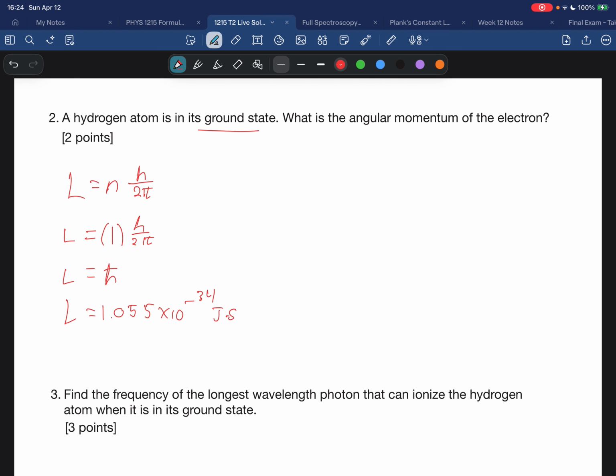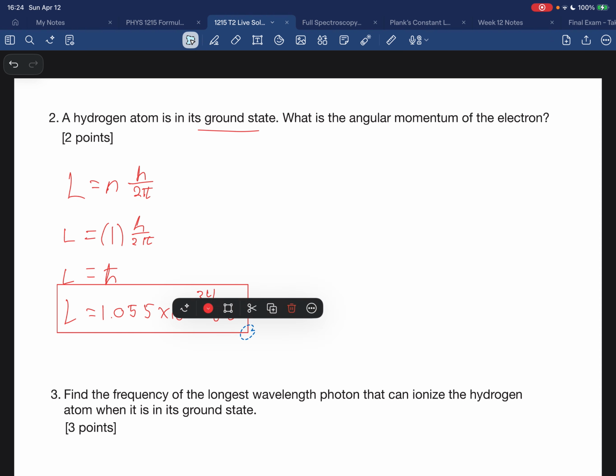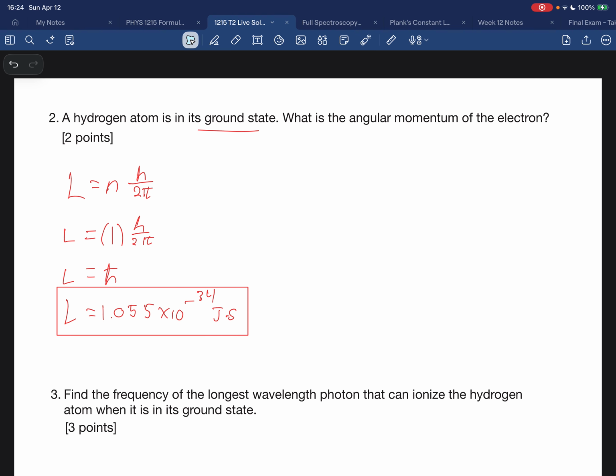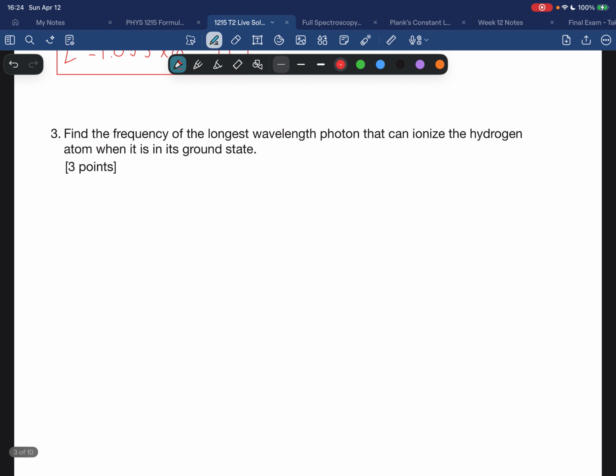There are other equivalent units, such as the regular units for angular momentum that you may have remembered from a previous physics course. As long as the units were equivalent to joule seconds, I gave you the mark for that. So this one was basically just, hey, when we actually learn about this, did you remember? Just a fun little thing for me, really.